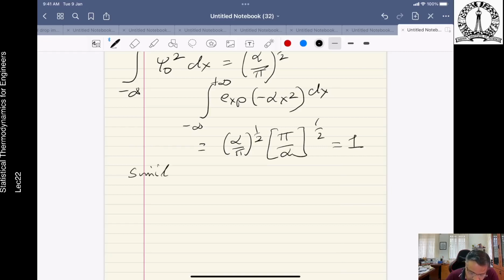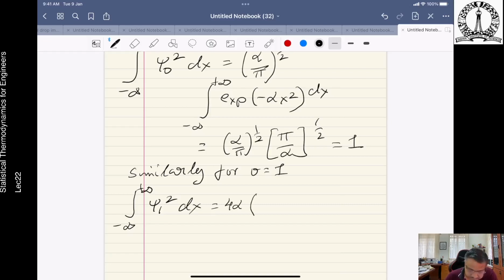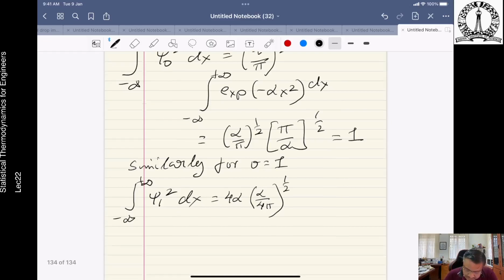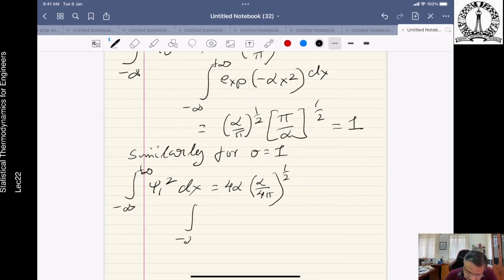Similarly, for v equal to 1, that is the second wave function, the integral from minus infinity to plus infinity of psi 1 squared dx is equal to alpha by 4 pi raised to the power of half, times the integral from minus infinity to plus infinity of x squared exponential of minus alpha x squared dx.